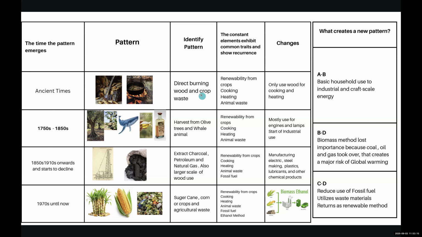Sometimes they used wasted crops to burn for their food. The changes are not really that different. They just cooked and heated things. They also used animal waste for fertilizing. At that time, they didn't even know the biomass system was developing. They just did what was necessary for life.